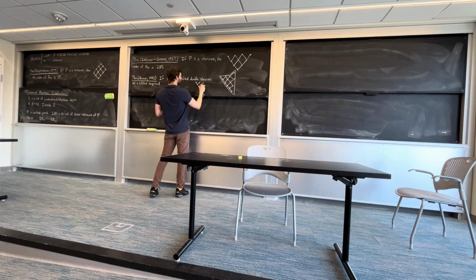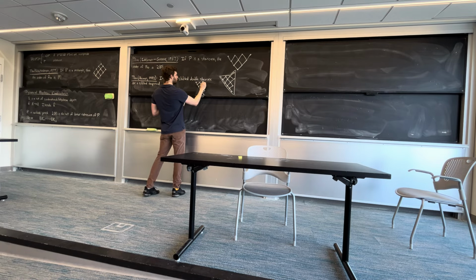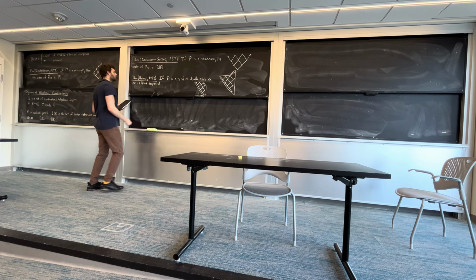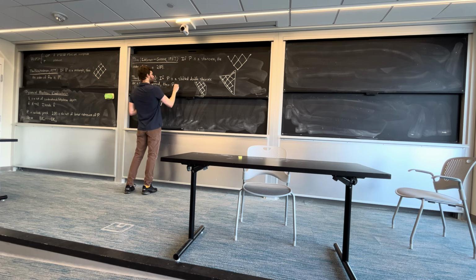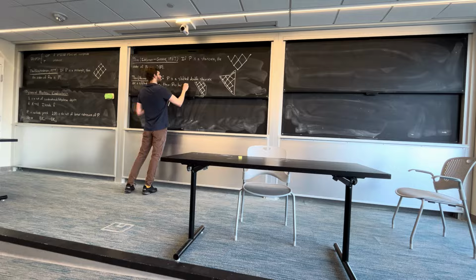It doesn't matter exactly what the shape is, but it kind of looks like a trapezoid, like this. So in both of these cases, promotion has order 2 times the size of the poset.